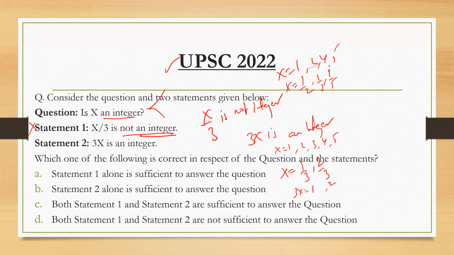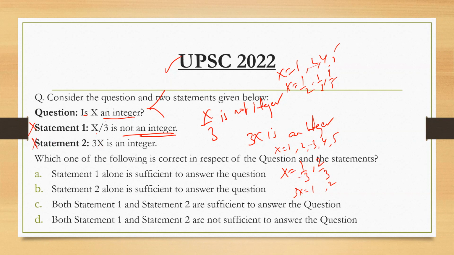So am I getting a definite value of x? Here again, x can be an integer or it can be a fraction also. Are you getting this? So in statement 2 also, x can be either an integer or a fraction, that is 1 by 3, 2 by 3. I hope this is clear. So statement 2 also does not answer my question.